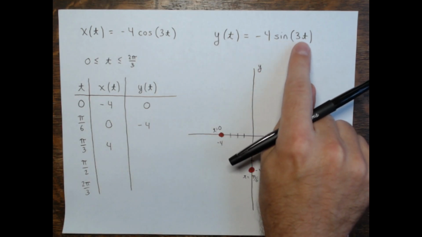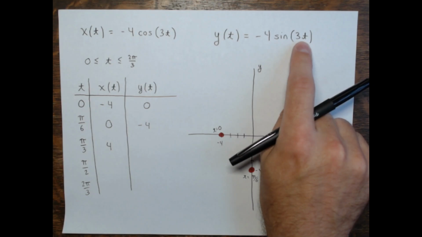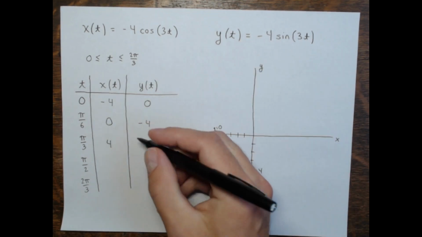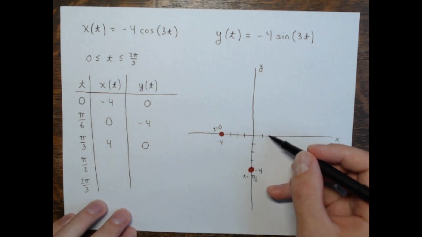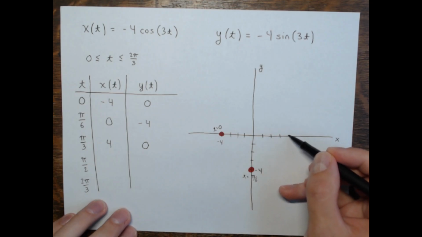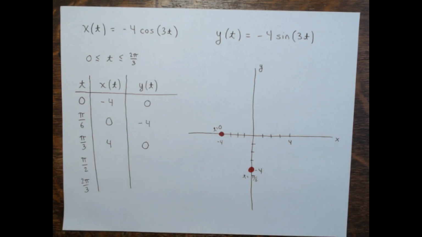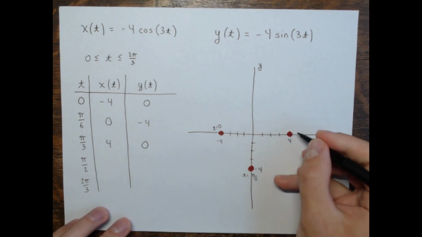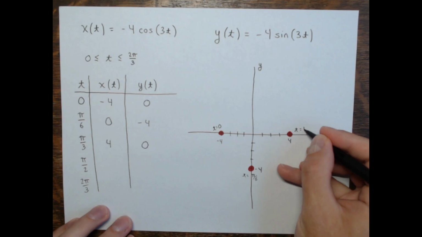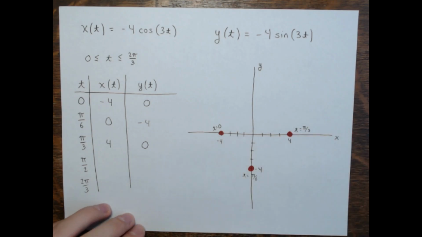And then the sine of 3 pi over 3, or the sine of pi, was 0 times -4 would still be 0. So when t is pi over 3, I am at the location 4 for the x, 0 for the y. I am here now. This is when t was pi over 3 radians.